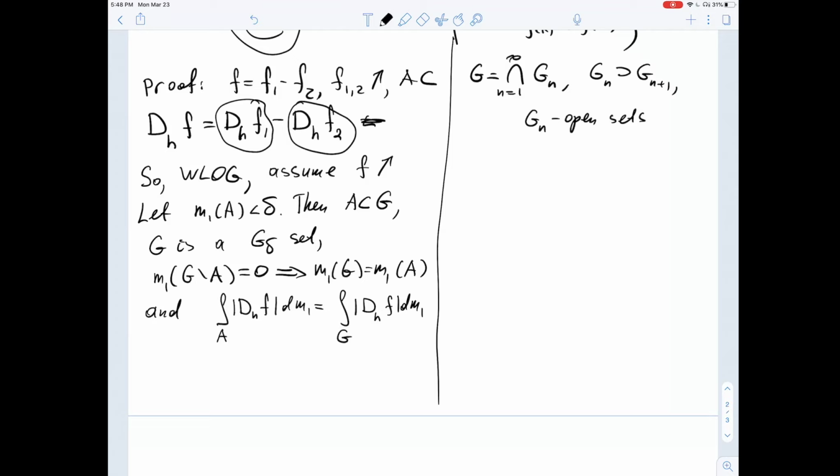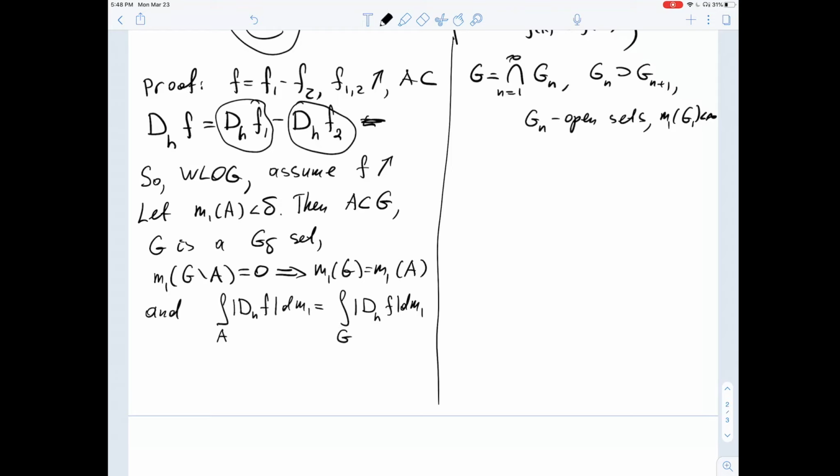We can also assume that they have finite measures, easily, because G has finite measure.